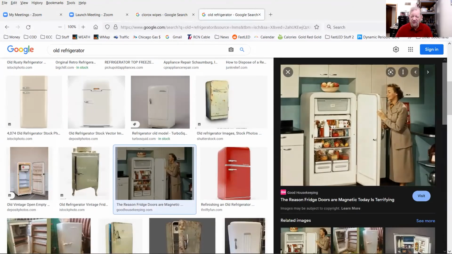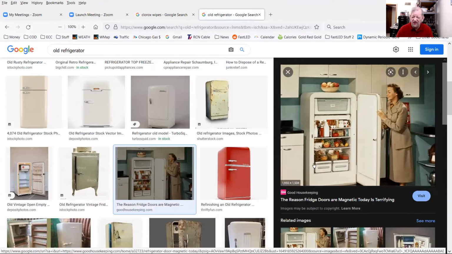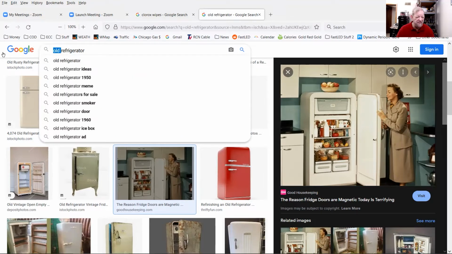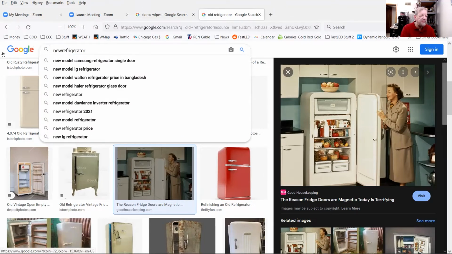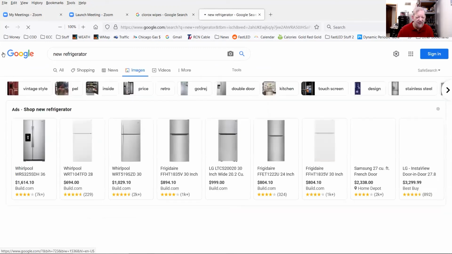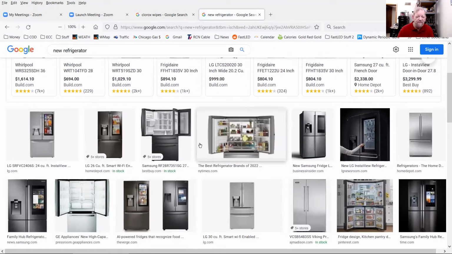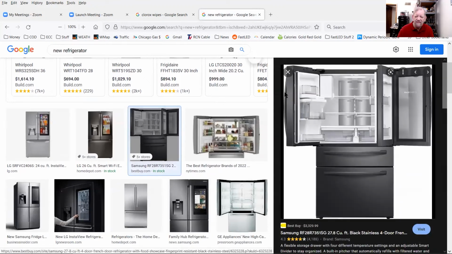Everybody see the old one, that's sort of newish, but the walls here would be much thicker. If you look at a new refrigerator, you look at the top, they're a lot thinner, much thinner.